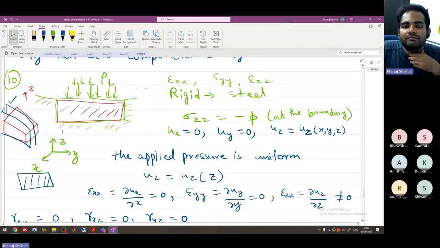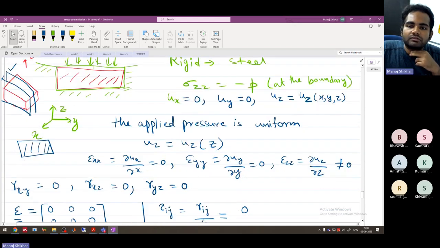From the problem, we can understand that since steel is rigid, the rubber will not be able to move in x and y direction, and that's why its displacement will be 0 in x and y direction. But there will be some displacement in the z direction because it is free there. So we consider uz equal to uz of xyz. Now, we also know from the question that the applied pressure is uniform, so our displacement reduces to only a function of z.